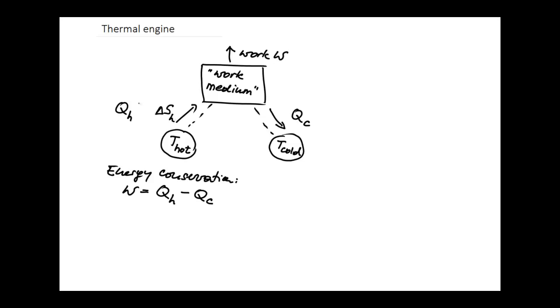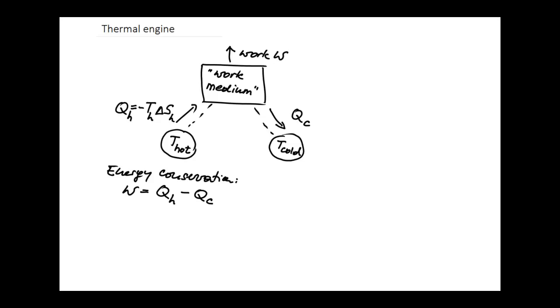Now, since QH is the heat given to the work medium, QH is minus the change of the internal energy of the reservoir. We have a minus sign here, and in front the temperature of the hot reservoir. So it's minus the temperature of the hot reservoir times delta entropy of the hot reservoir.